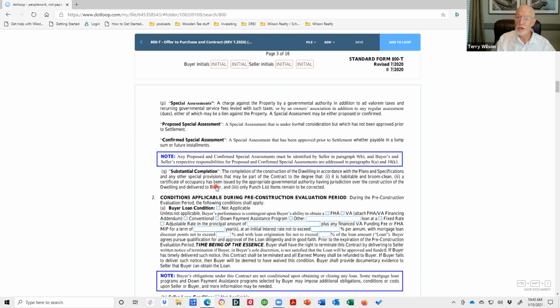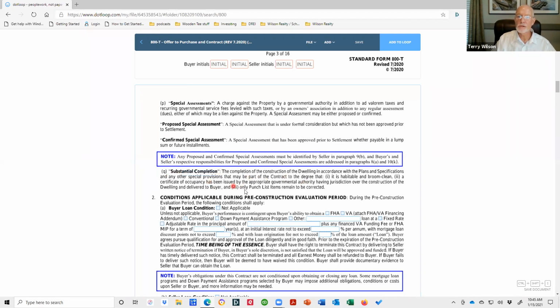They have to get a CO before it's considered substantially complete. And it has to be swept clean before it's considered substantially complete. And once it's considered substantially complete, then one, you can have settlement. Two, the seller has earned the purchase price.